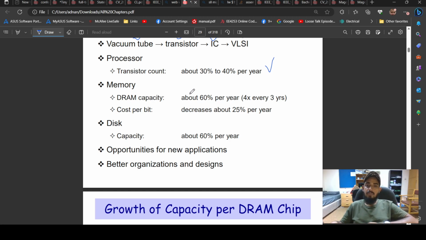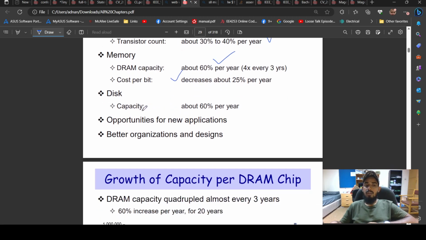Again, the memory DRAM capacity is increasing about 60% per year, four times every 3 years. And the cost per bit is definitely going to decrease. Initially the capacity was some kilobytes, then megabytes, now it's in gigabytes and terabytes, as technologies advance.